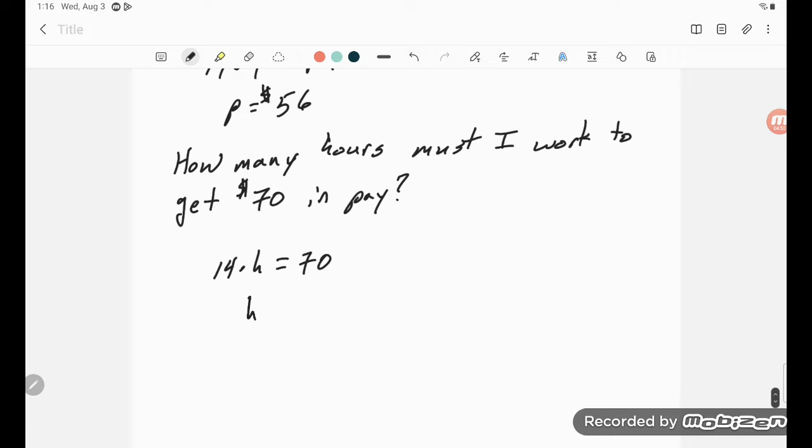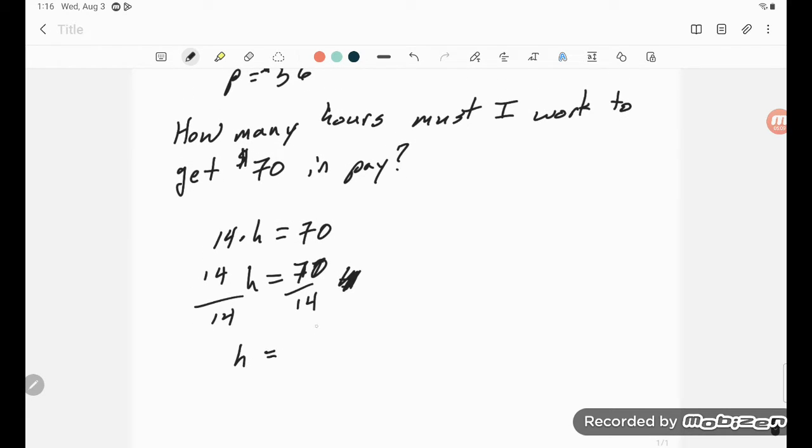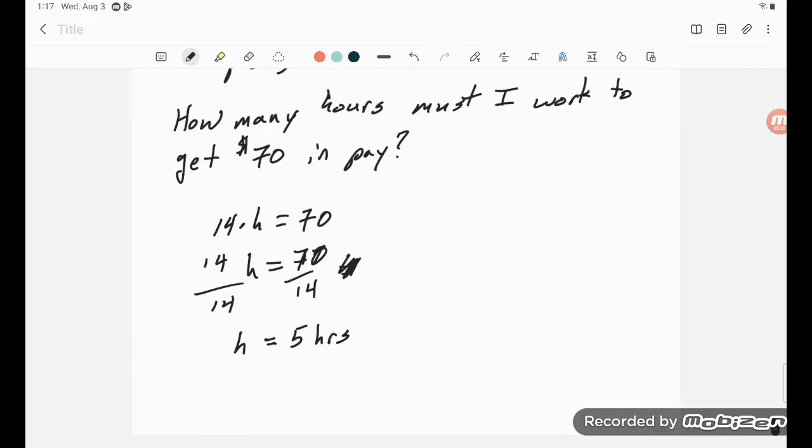In this case, if I divide both sides by 14, on the left side I get H, and on the right side, I get my 5 hours. Okay, so typically equations come from asking questions or setting bounds.